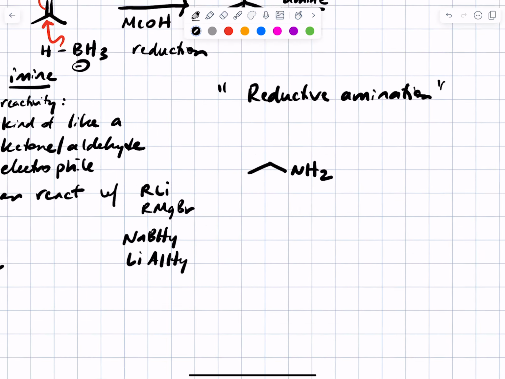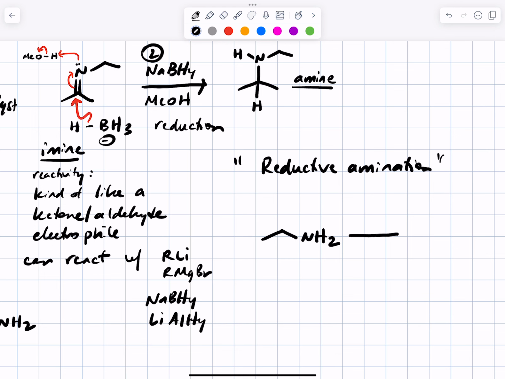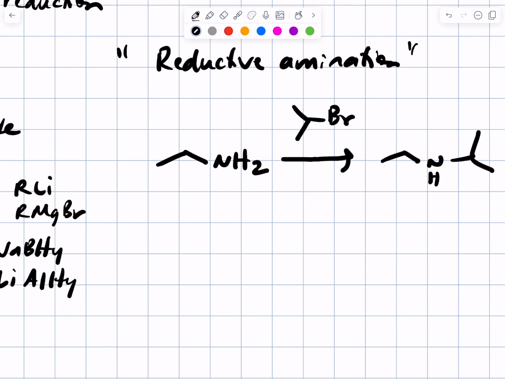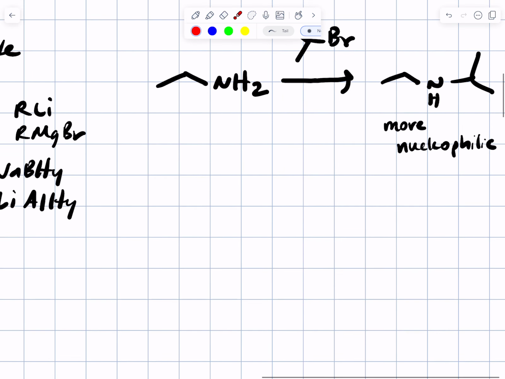One problem: you might ask the question, could you not use a reaction like this, an SN2 reaction, to make the same amino compound? And the answer is not very well, because it turns out the more alkyl groups you add to an amine, the more nucleophilic the corresponding amine is. If the product here is more nucleophilic than the starting material, the product is going to start competing with the starting material for remaining reagent.